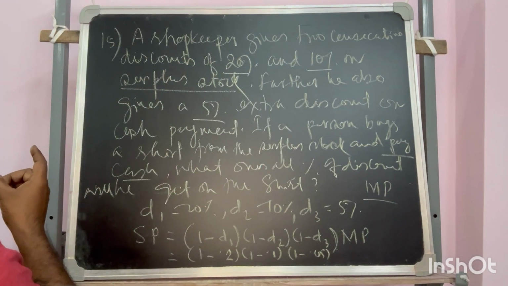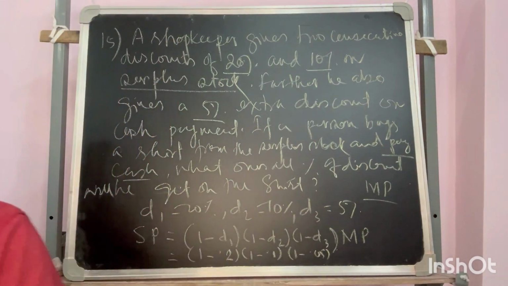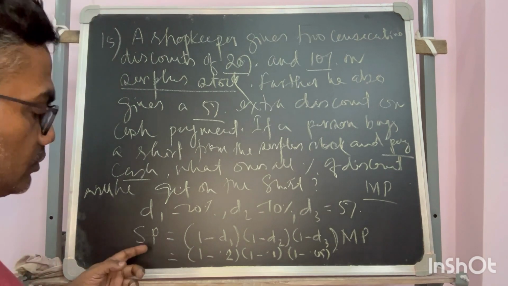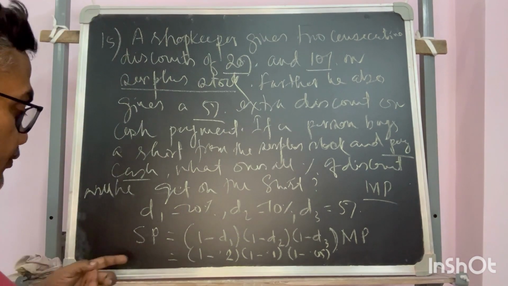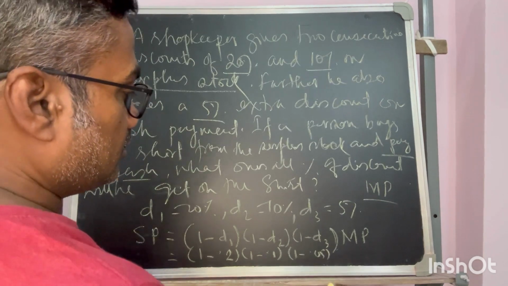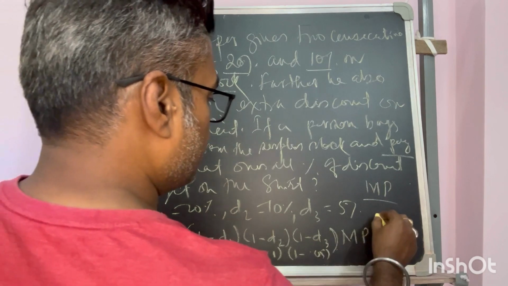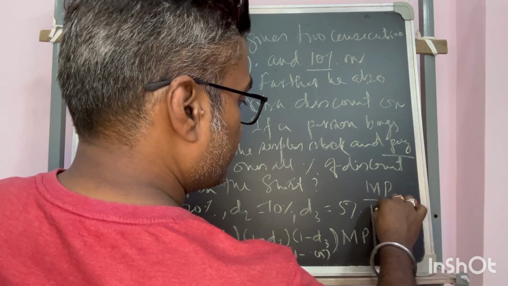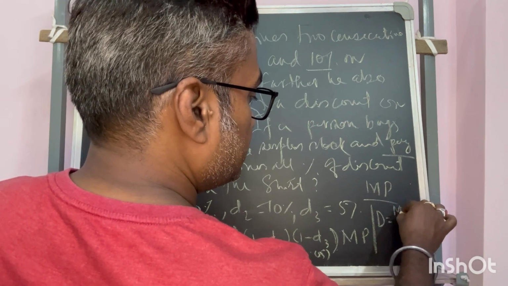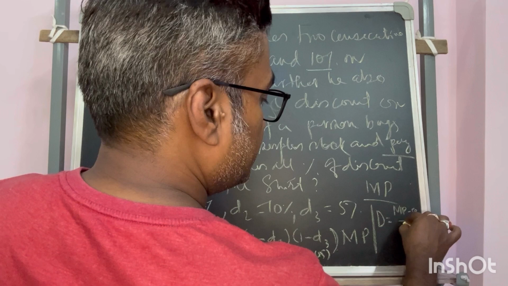Now, the market price is not written in this information. So how do we calculate the overall discount? Overall discount is market price minus the final sales price, divided by the market price.